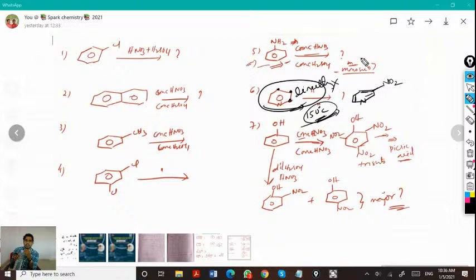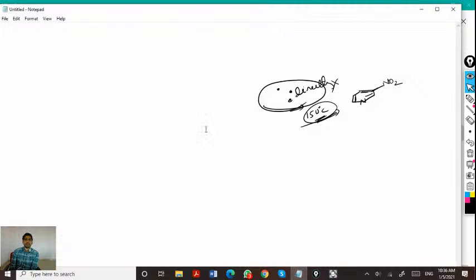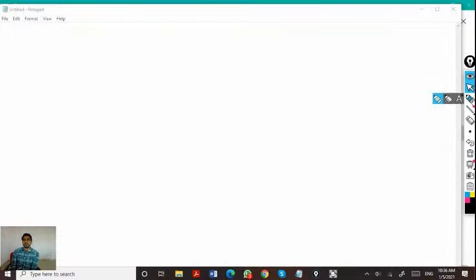So far, so now it comes to the reactivity in the cyclic compounds.